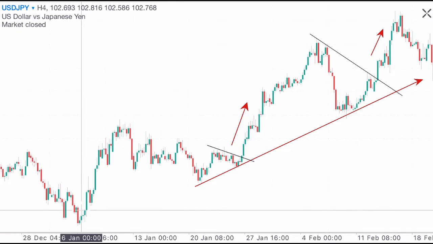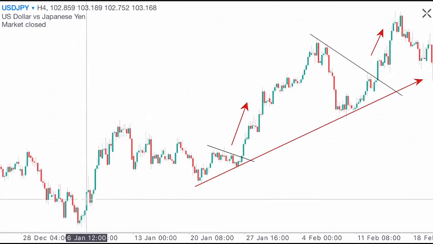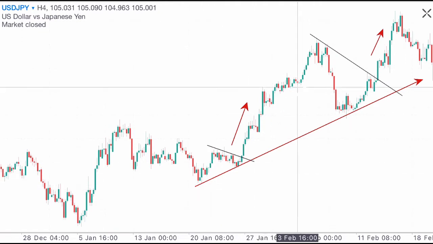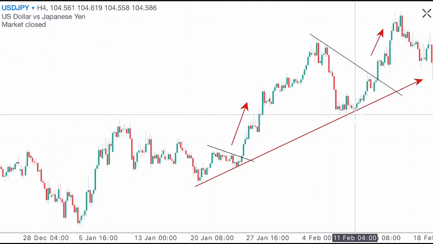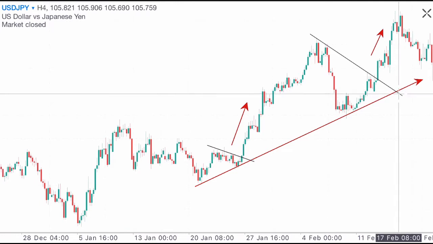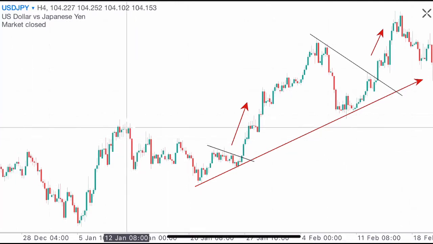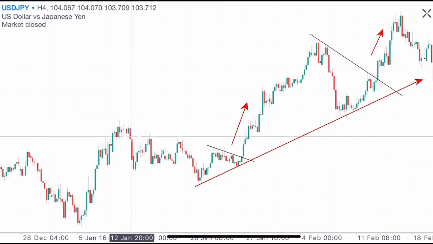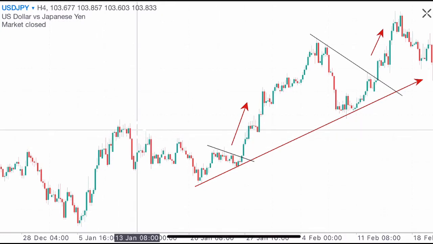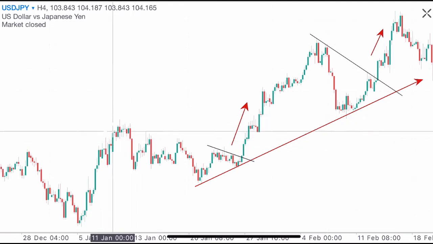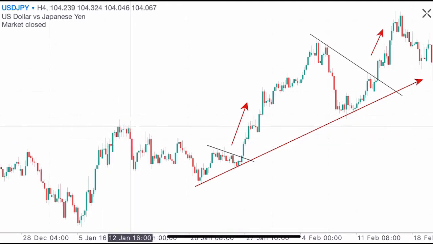So this market starts here, goes up and there's a turning point, goes down, turning point, goes up, turning point, goes down, turning point, goes up. Every time the market makes a turning point at the top, we consider it a high. Other people refer to it as swing highs, but just call it a high for the sake of simplicity.